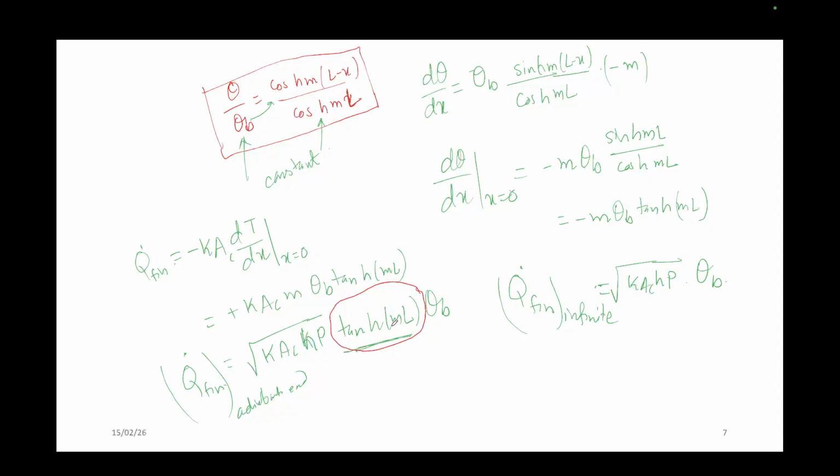So maybe it is greater than or maybe it is less than. We can't know; it depends on the value of mL and the final value of tanh mL. Depending on it, we have to say which case will give the better result. Okay. So I am just giving you a question based on up to this. Let's see whether you are able to understand this concept or not.